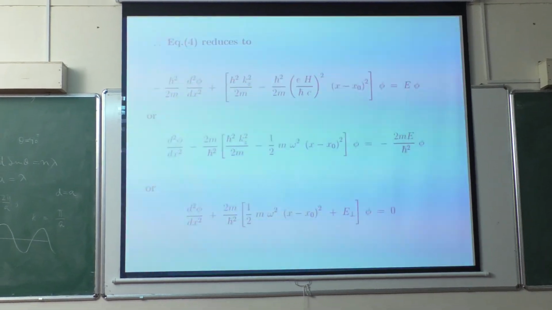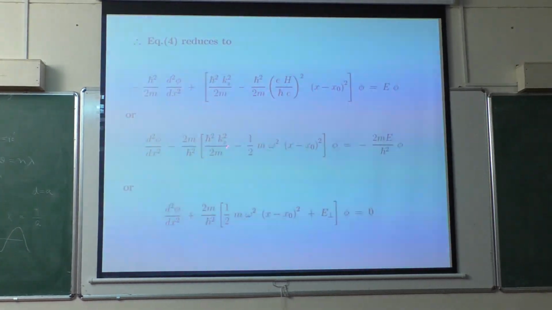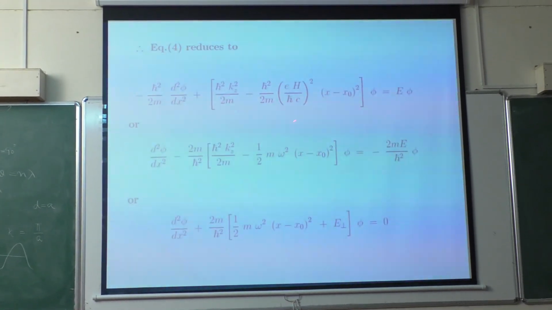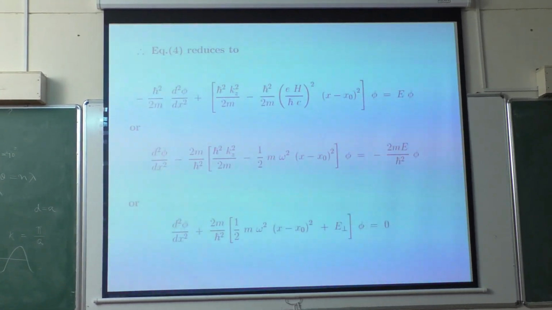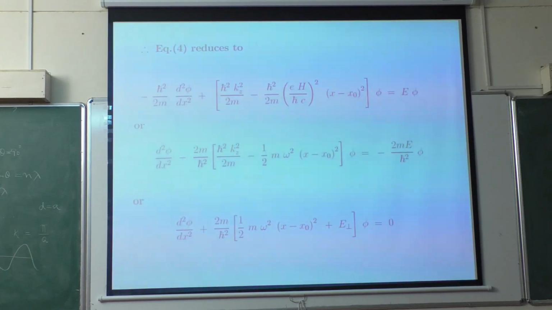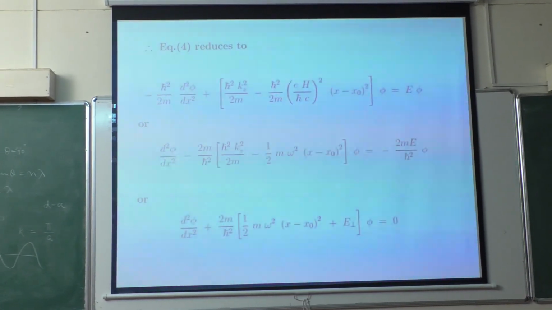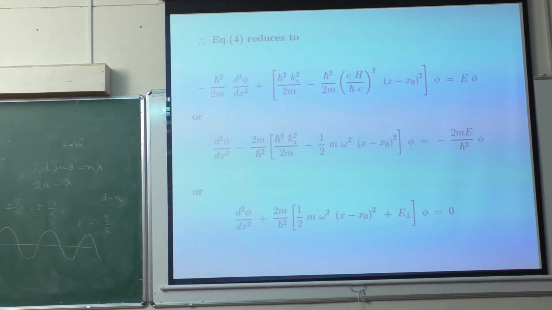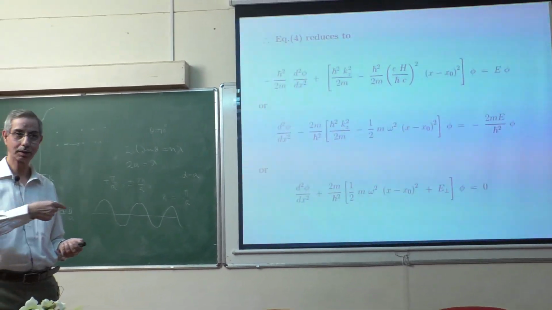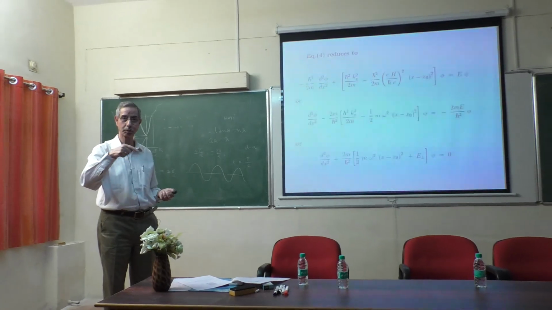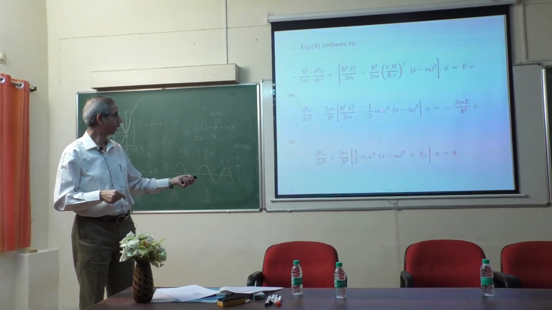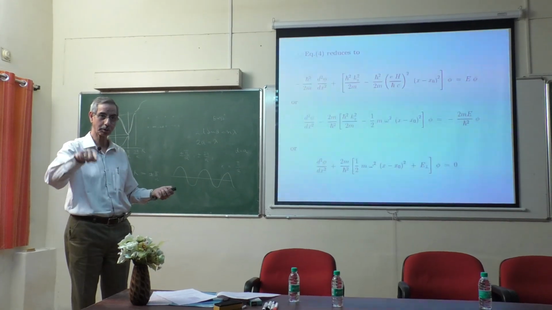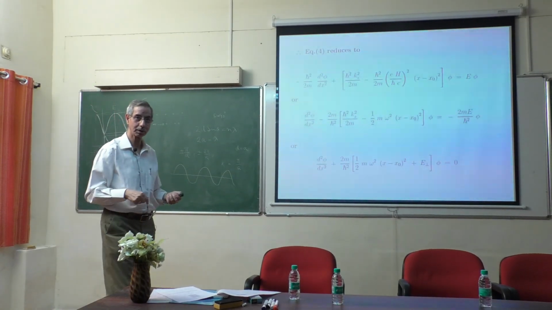Now you can see yourself, it has the form of a harmonic oscillator, right, which is centered at x naught. You recognize this term? This term is nothing but the restoring potential, that is, the potential of m omega square x square, the harmonic oscillator potential.